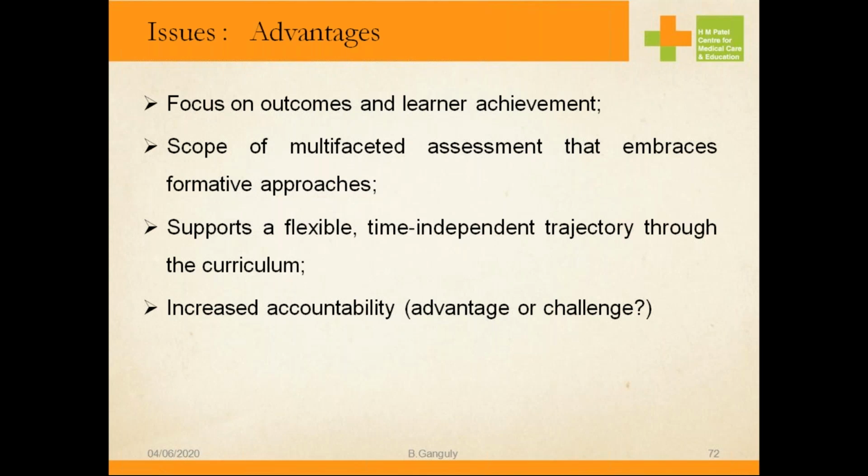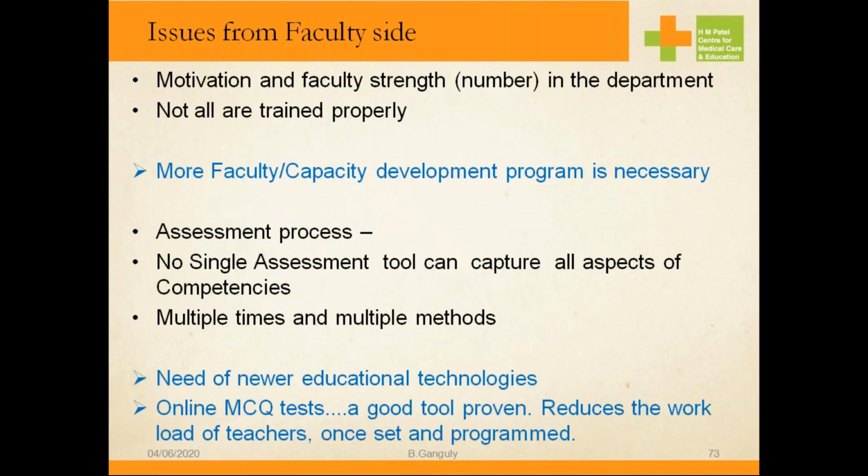Now, the issues from the faculty side, from our side: what are the challenges? The first thing is motivation, because it is a normal human psyche that whatever the challenge, first there is resistance. There is a change, there is resistance first.